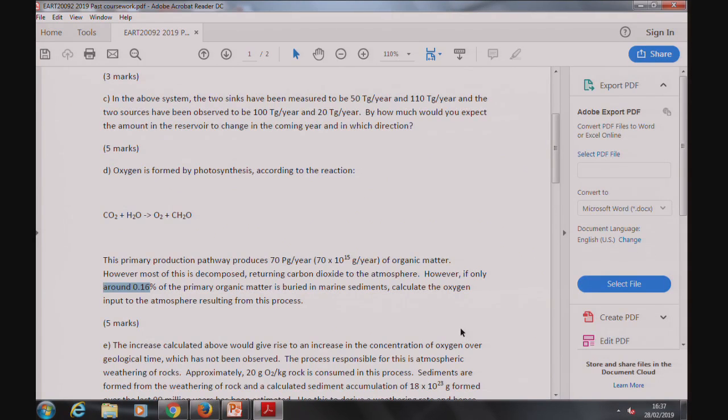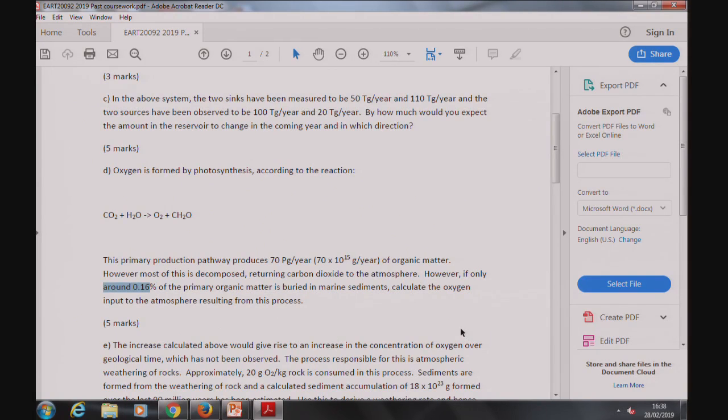We could take ratios like that. So the easiest thing to do is convert this mass of biomass to number of moles. And to do that, I need to know the molecular weight of the biomass. So what's the molecular weight of CH2O?